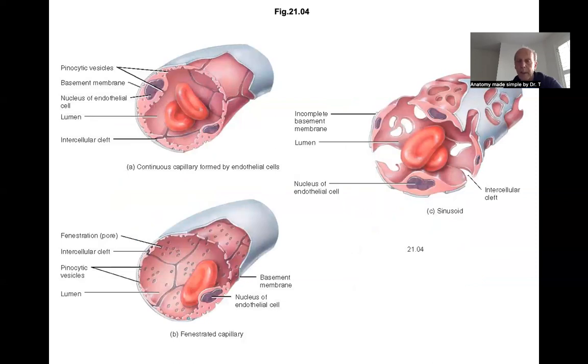The word capillary came quite a few times over the last few minutes of this presentation, and I just want to mention that not all capillaries are built exactly the same. Practically, if you just go into the basic configuration, you can say, yes, it's always endothelial cells and the basement membrane, but we have really three different types of capillaries, which we would encounter within the human body. The most common type is known as the continuous capillary.